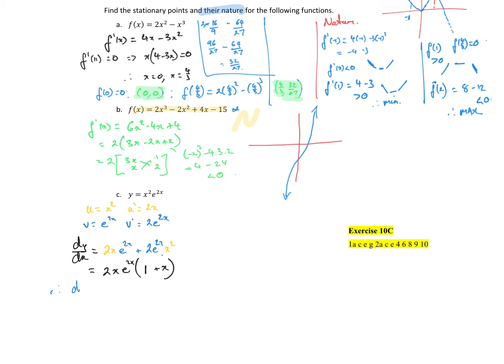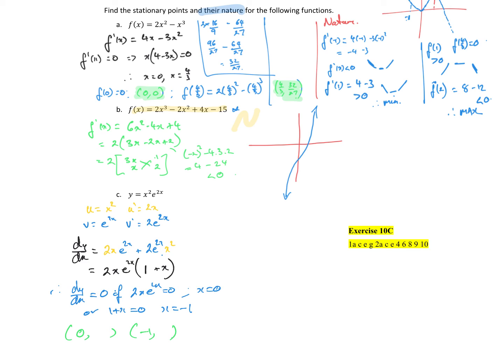So dy/dx equals 0 if 2x e to the 2x is equal to 0, which implies x is equal to 0, or if 1 plus x is equal to 0, so x is equal to negative 1. So my coordinates are 0 something, negative 1 something.